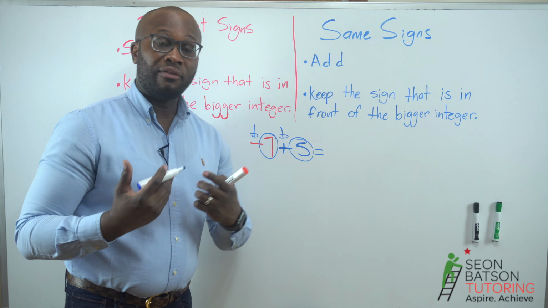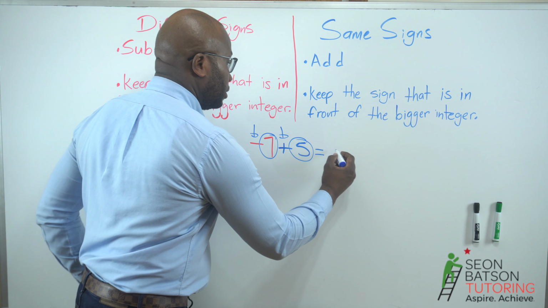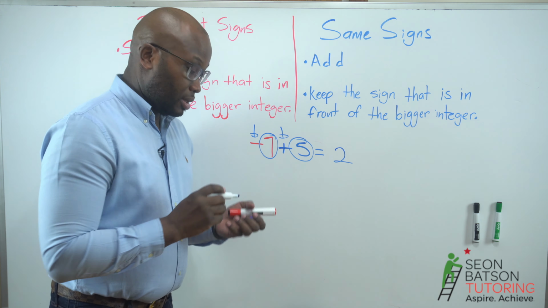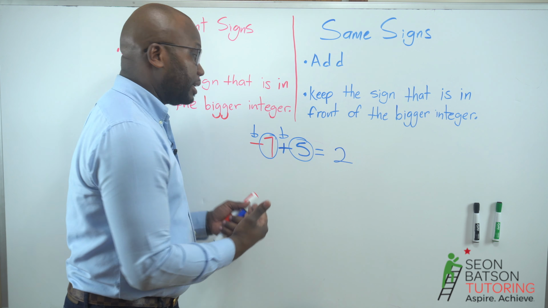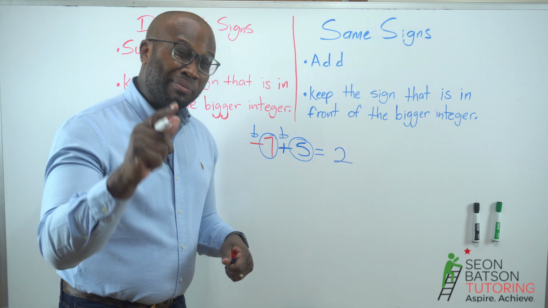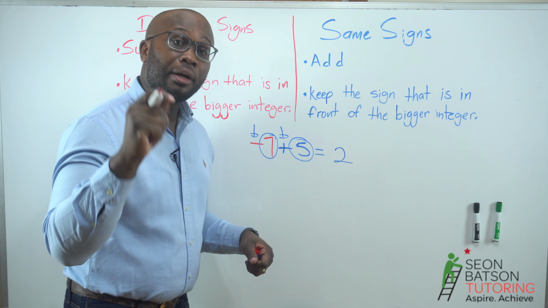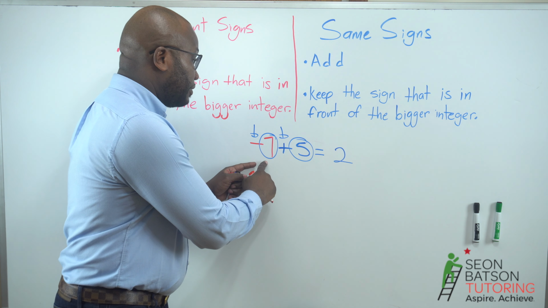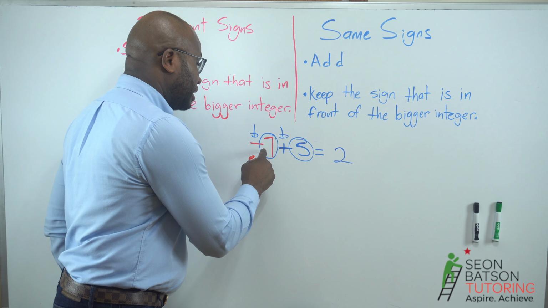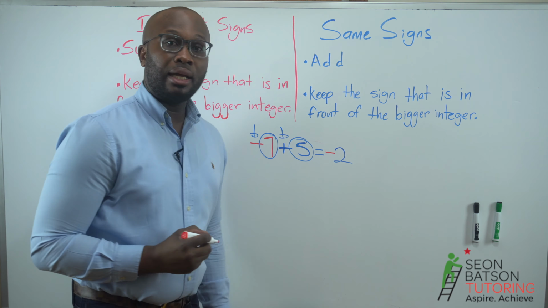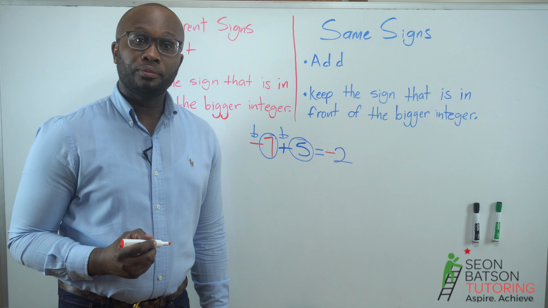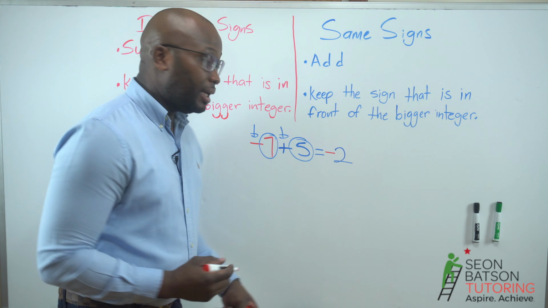If we subtract 7 and 5, we would get 2. Now, don't forget, we are not done. When we are finished subtracting, at all times, we must keep the sign that is in front of the bigger integer. The bigger integer here is 7, and the sign in front of the 7 is negative. So we must keep the negative sign in the answer. So the answer is -2. Get it? Let's try the next one.